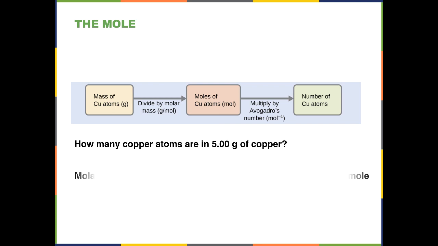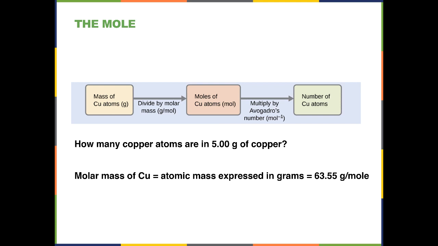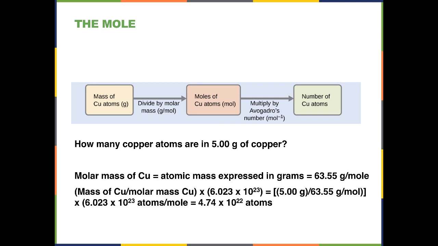And so the calculation goes as follows. The molar mass of copper, you look up on the periodic table, and it shows you that it's 63.55 grams per mole. You take the mass of copper divided by the molar mass of copper, that's the first operation on the left, times Avogadro's number, and that tells you the total number of atoms there are.